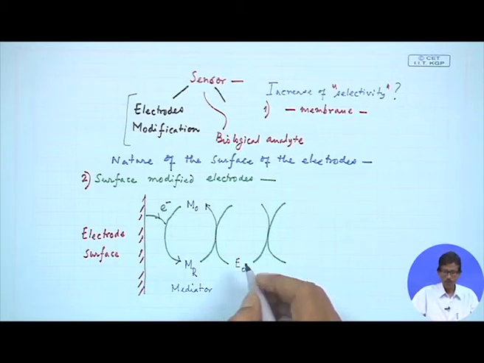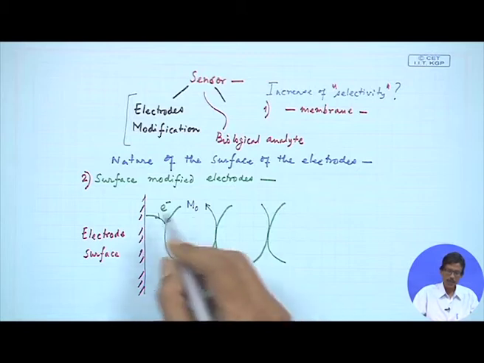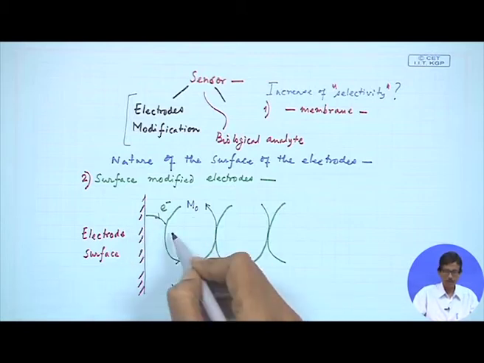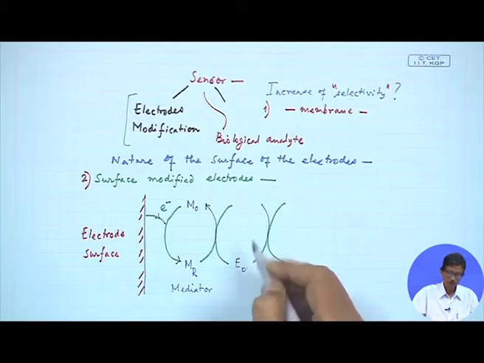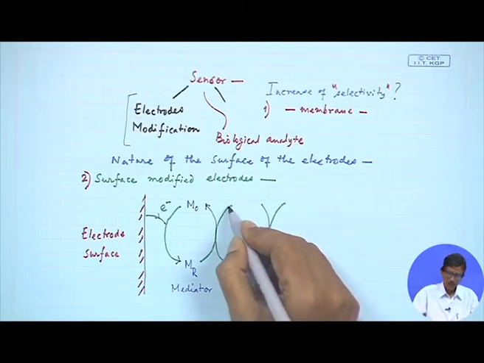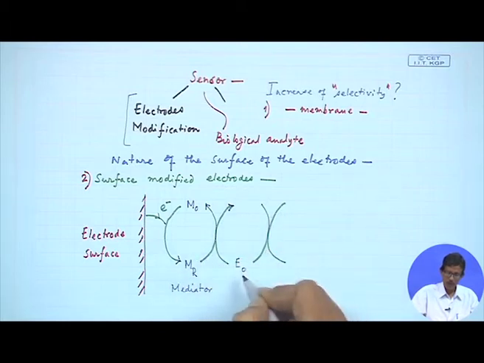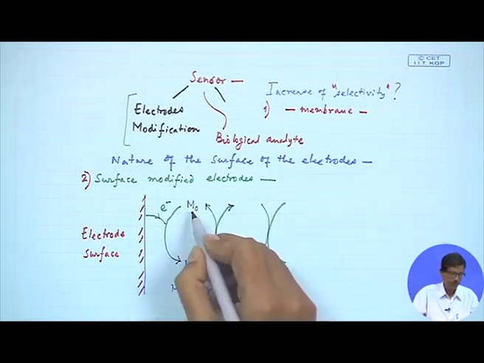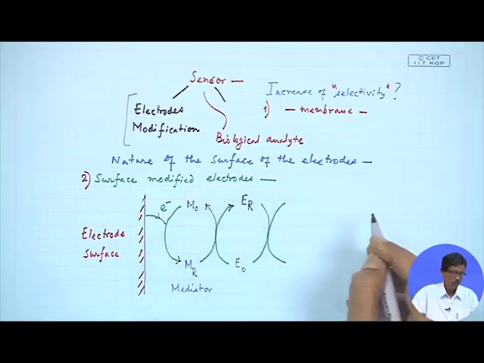That means, your oxidized enzyme will oxidize your reduced mediator, but the reduced mediator we obtain from electron transfer from the electrode surface. So, this electrode surface will go like this. It reacts with this Mr. So, E0 plus Mr will produce M0 plus Er, your enzyme in the reduced form.